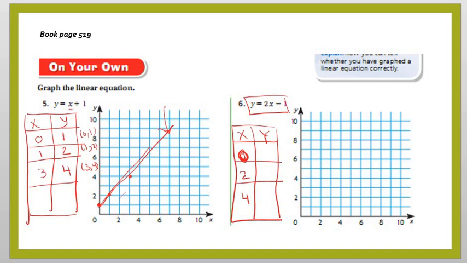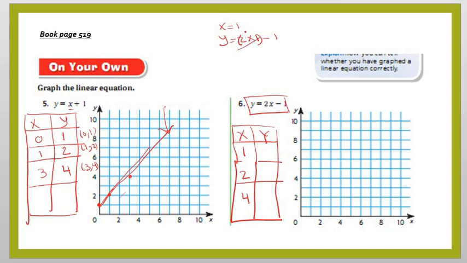We only have one coordinate, so maybe I can make this 1 instead of 0. I can. It's okay. X equals 1. So when x equals 1, what's the value of y? I'm going to write here. X equals 1. Find the value of y. Y equals 2 times 1 minus 1.